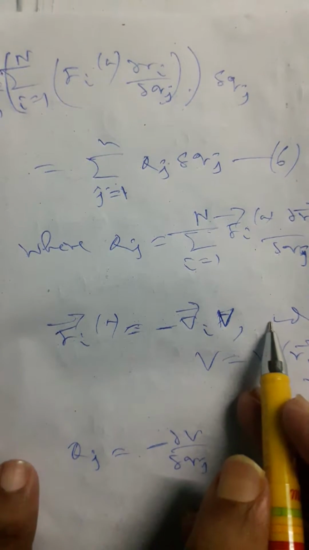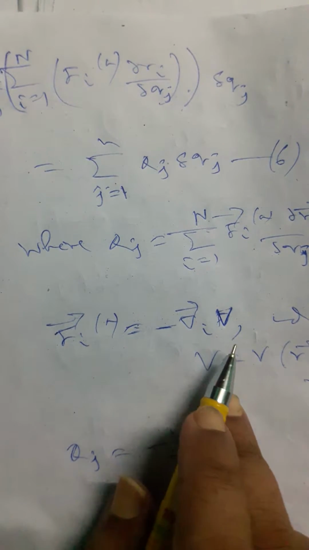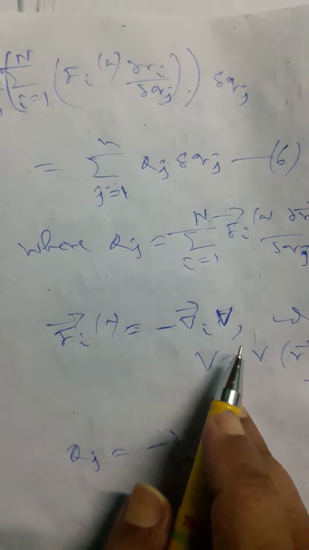It's obvious and clear that Qj is also derivable from the same potential V, a function of q1, q2 up to qn.